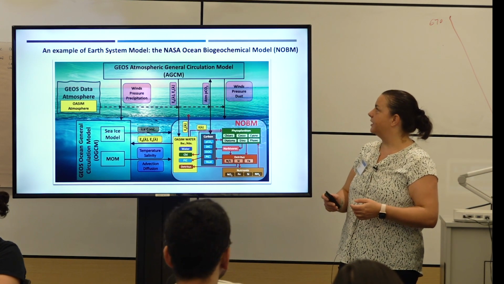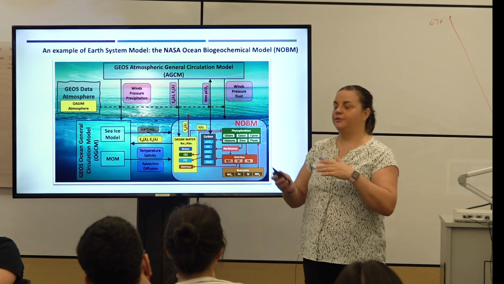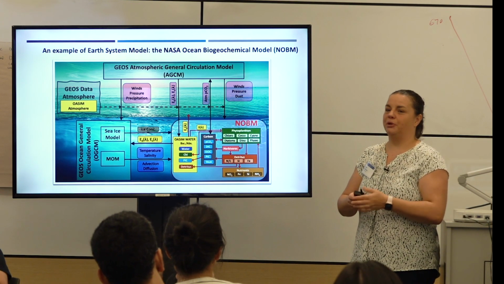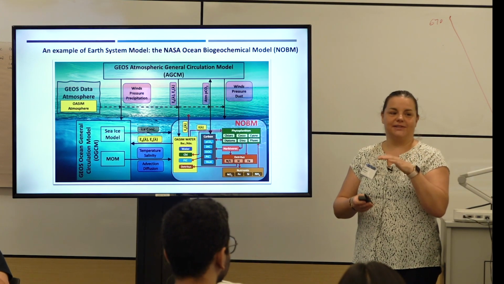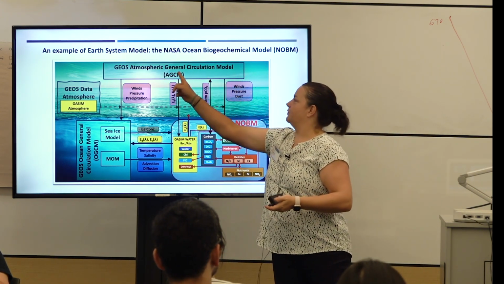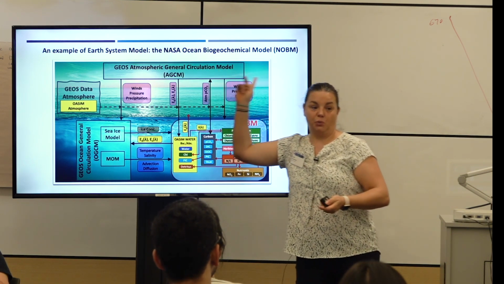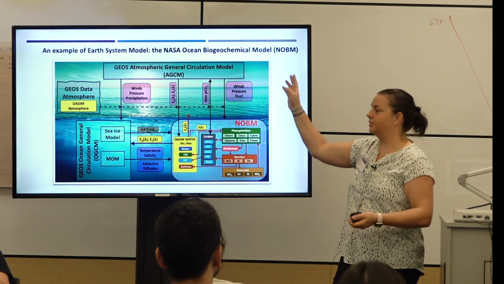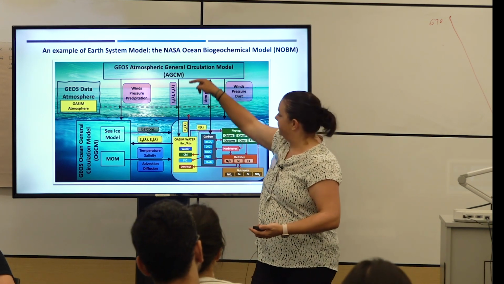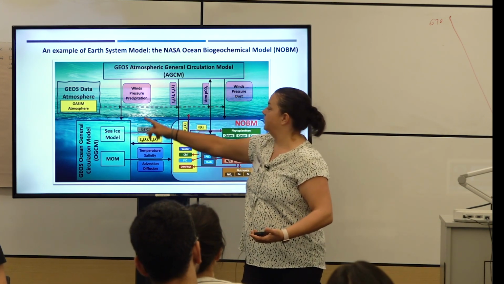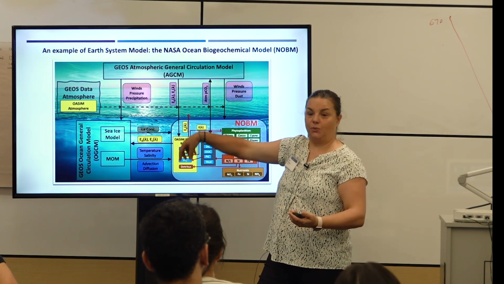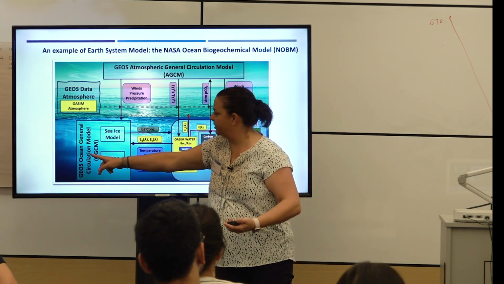Okay, so the model, this is the one I work with, so this is the one I'm presenting. There are many of them, but the logic behind it is roughly the same every time. You have an atmospheric model, so that does the wind, the rain, all of that stuff, the clouds and the dust. And that gives you, in our case, the wind, pressure, precipitation, and dust that the models in the water need, both the circulation model that you have here.